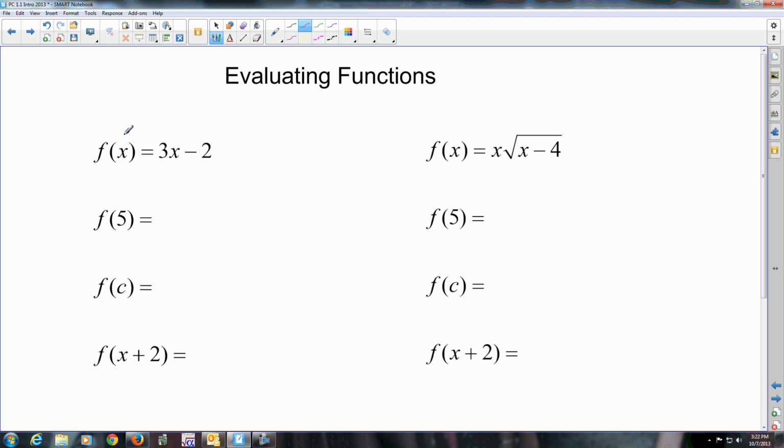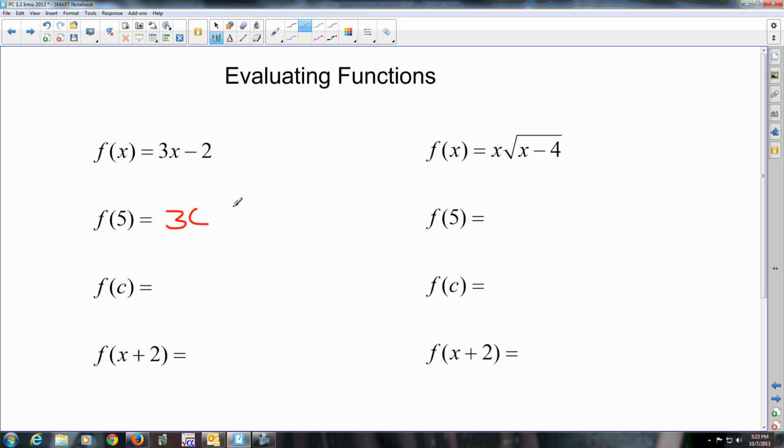Evaluating functions. You guys, I think, are good enough that you can go, okay, whatever I fill in here, I fill in there. It's just a recipe. So if I'm putting a 5 there, I just put a 5 here. When it starts getting to be letters and numbers together, sometimes you guys get a little wigged out by it. So I'm going to show you a process that will always work.